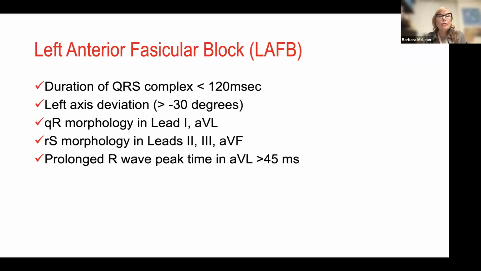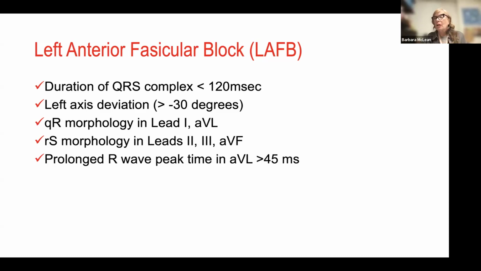So with left anterior fascicular block, your QRS complex might be wider than 0.10, but it's not going to be wider than 0.12. So it might be 0.11. You may have a little bit of a delay. With an LAFB, you will have a left axis deviation. So if I have a left axis deviation, I haven't had an anterior MI or an anteroseptal MI, I just have a left axis deviation, and I don't have a left bundle branch block.